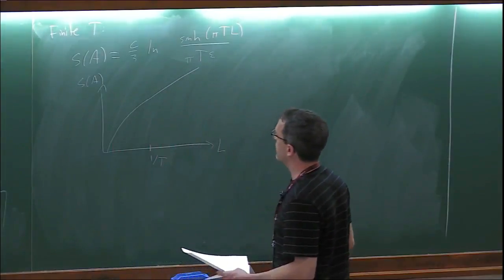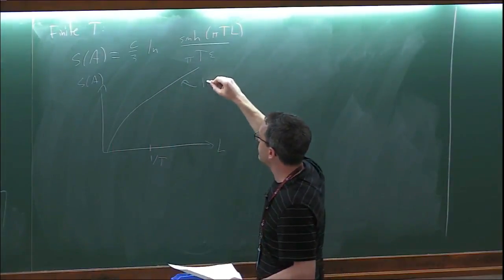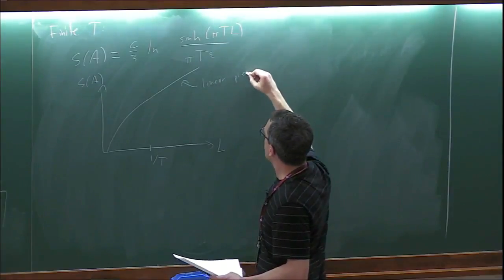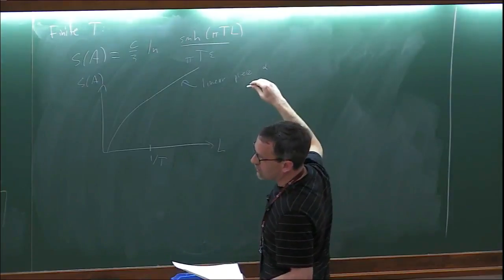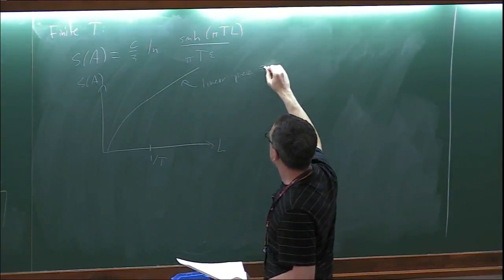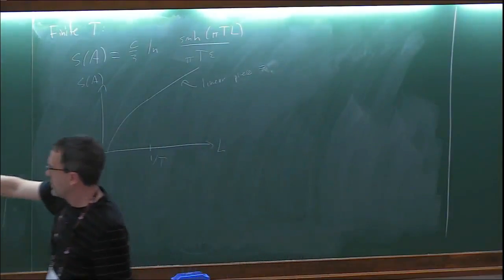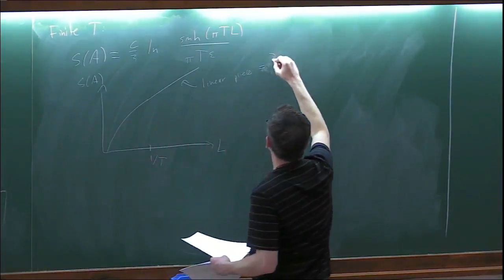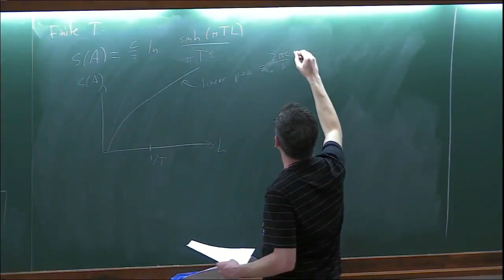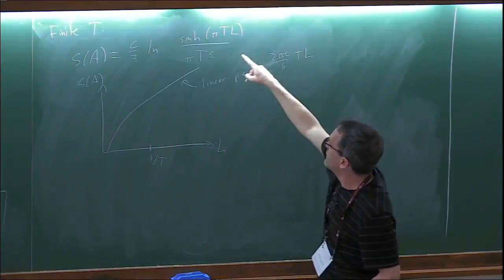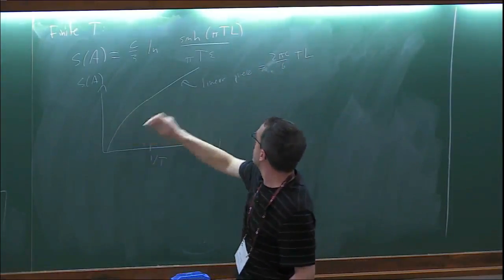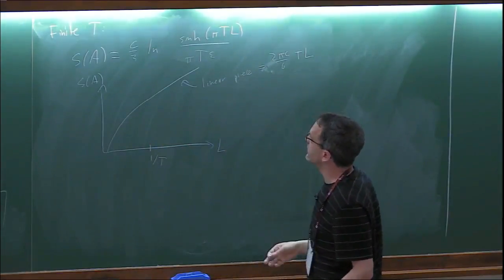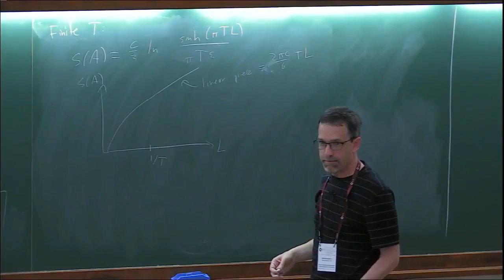Looks like this. So this linear piece is 2 pi c over 6 TL. So if you expand this at small TL, you recover the log. If you expand it at large TL, you get this. Not too hard to see that. Okay?